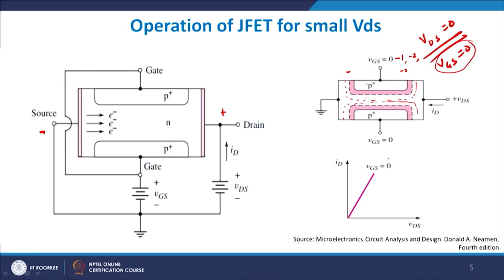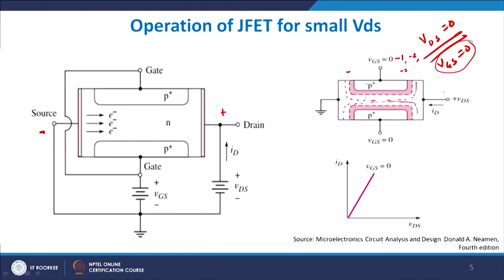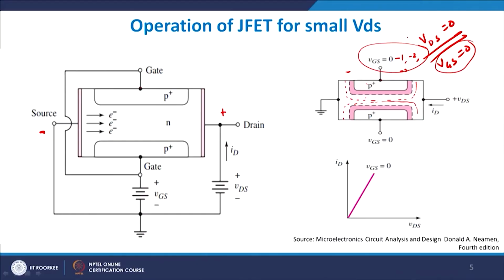A time will come when they will approximately touch each other, though that is a debatable issue, but they will touch each other, and therefore the channel will be lost. Even if you now apply a drain voltage, nothing will happen, because those areas are devoid of any free charge carriers. So, by simply applying a negative bias on the gate side, I was able to control the width of my channel, and therefore the net flow of charge carriers from source to drain.